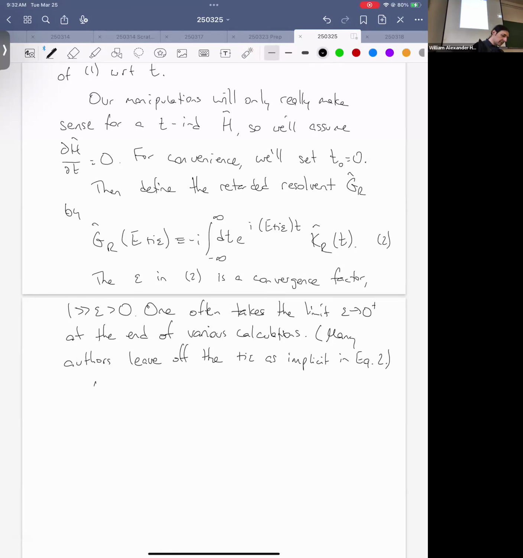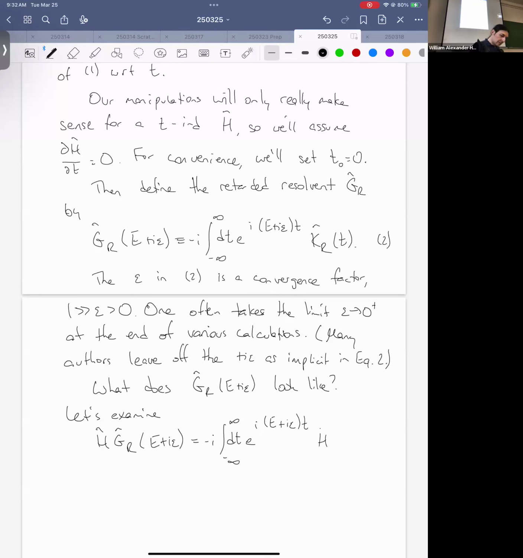So what does this thing look like? All right, so let's examine the Hamiltonian hitting this resolvent. It's a resolvent operator. So just from the definition, minus i integral from minus infinity to infinity dt e to the i (E plus i epsilon) t, Hamiltonian hitting the retarded propagator operator.